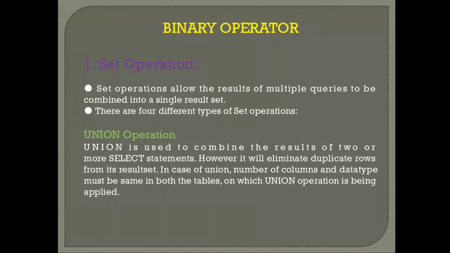We have to remember one thing for your binary operator: it takes two tables as input and generates the output as another table. In that we have seen a few names. We'll try to understand the concepts for each one of them.